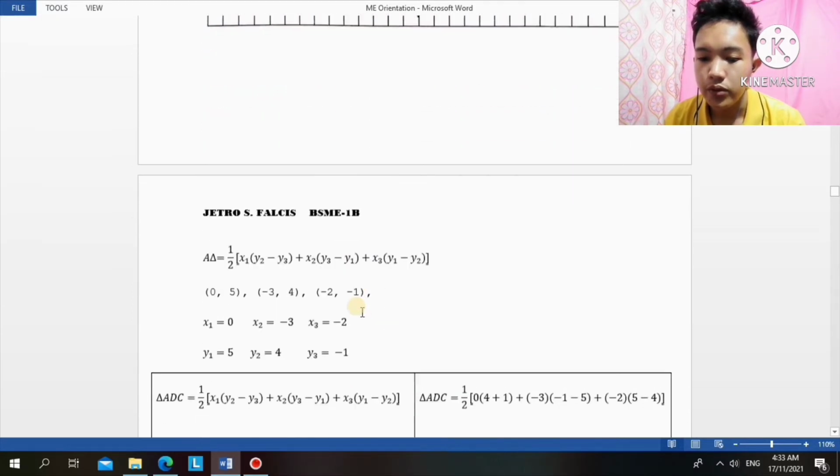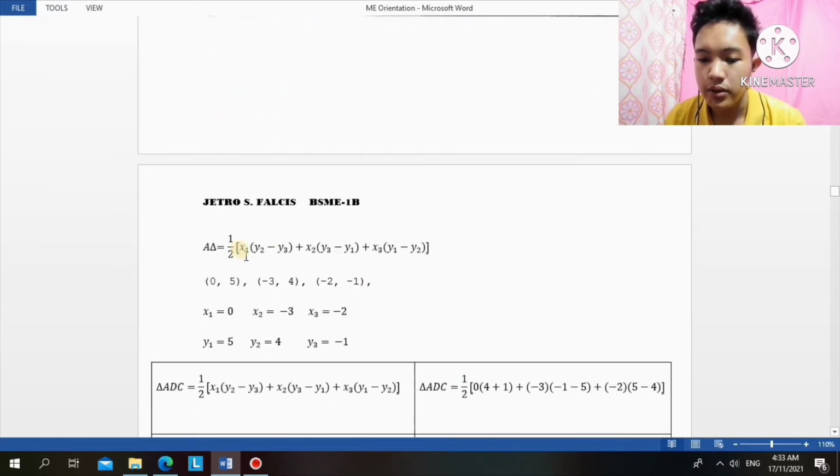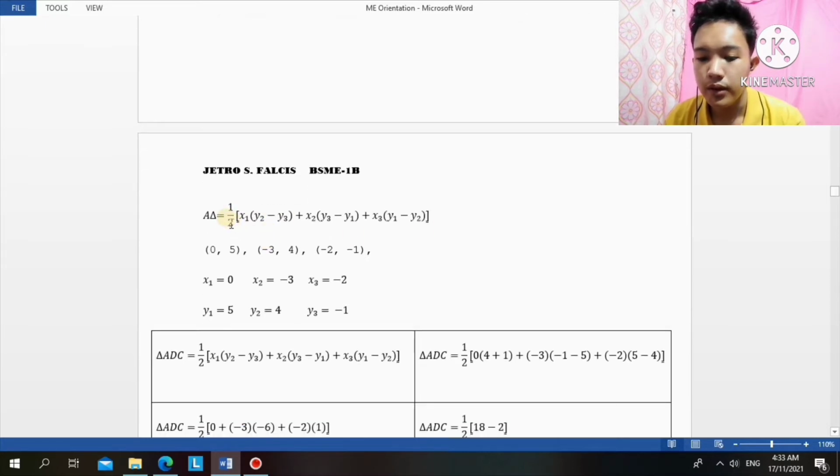So to solve the area of a triangle, our formula is equal to 1/2 times x sub 1 times y sub 2 minus y sub 3 plus x sub 2 times y sub 3 minus y sub 1 plus x sub 3 times y sub 1 minus y sub 2.